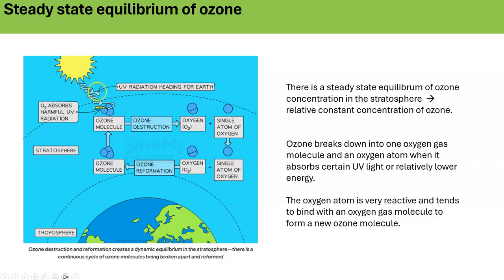So when UV radiation is absorbed by an ozone molecule, that molecule breaks down into an oxygen gas molecule and a single atom of oxygen. These single atoms of oxygen are very reactive, and they will react with something, and most often they will react with an oxygen gas molecule, and then they will form ozone again. So basically you get these two processes balancing each other out.